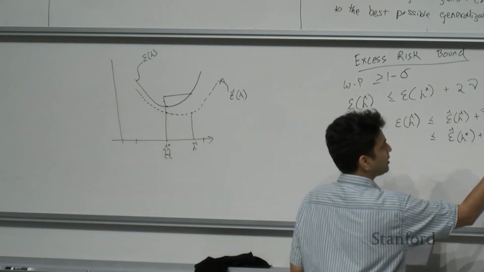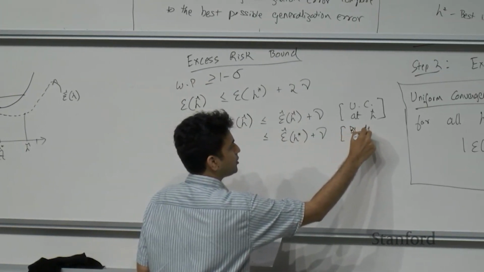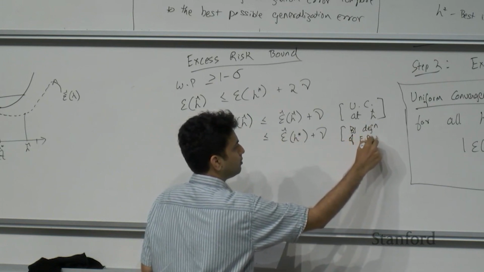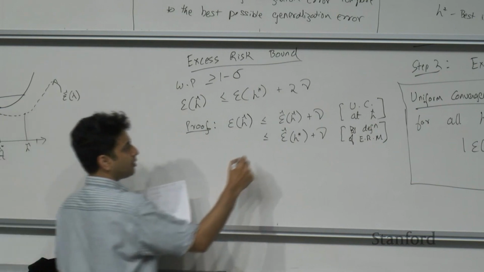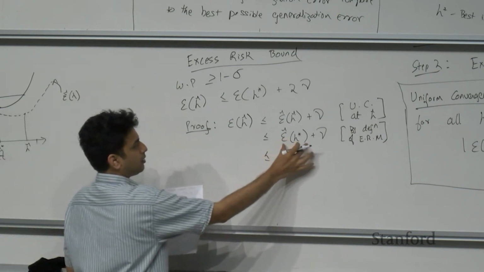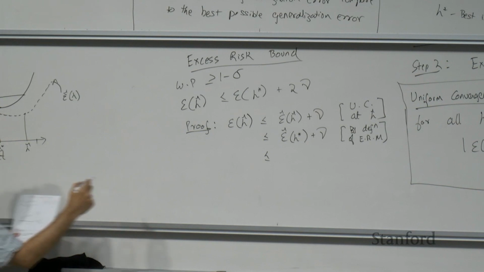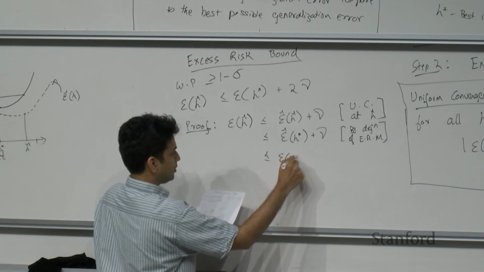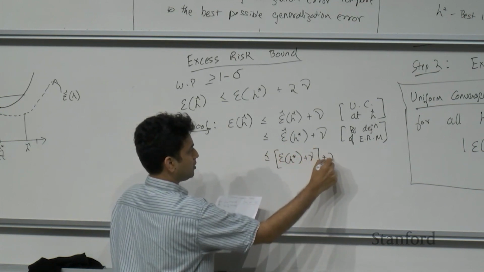And so this is basically by definition of empirical risk minimization. And this in turn is now going to be, and now we're going to make a statement about the gap between, let me just write it out, epsilon of h star plus gamma plus gamma.